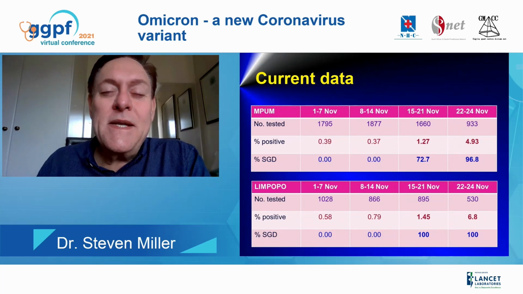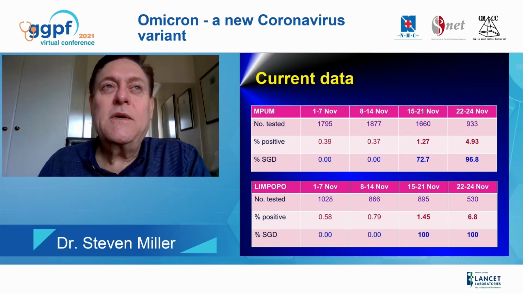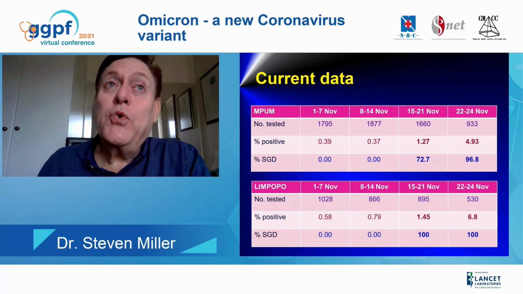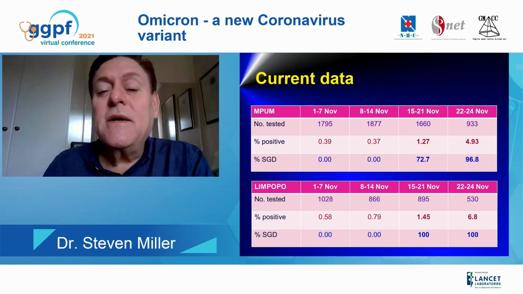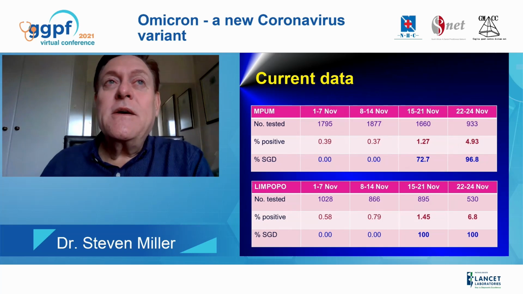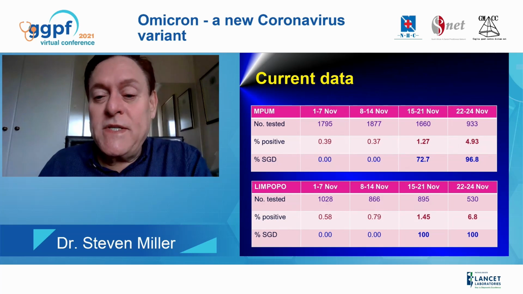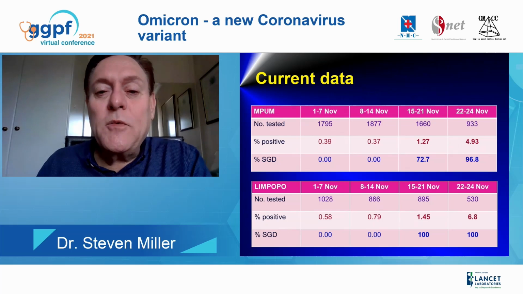What would be immensely helpful is if good clinical information could be added to all request forms for COVID testing from now on. We want to know, are these infections happening in people who have been vaccinated or unvaccinated? If they've been vaccinated, which vaccine have they received? What sort of clinical picture are we seeing?